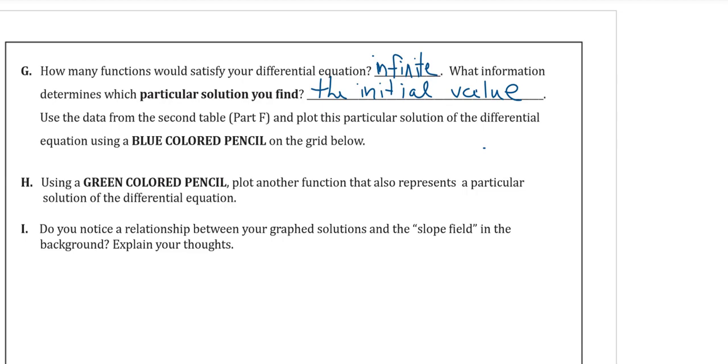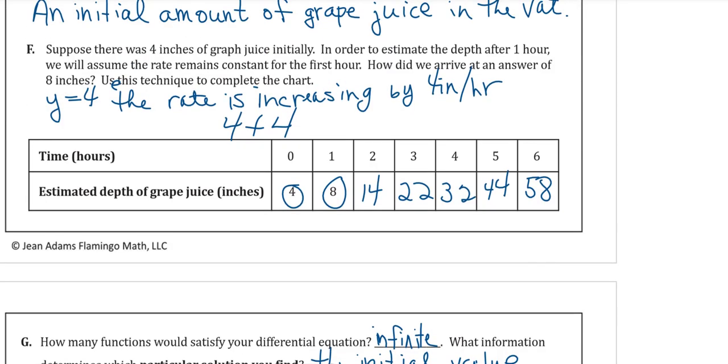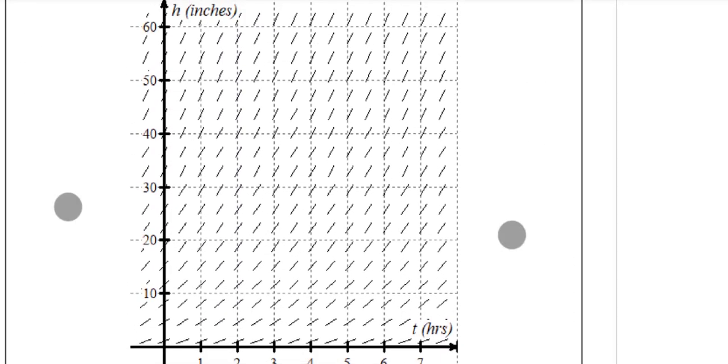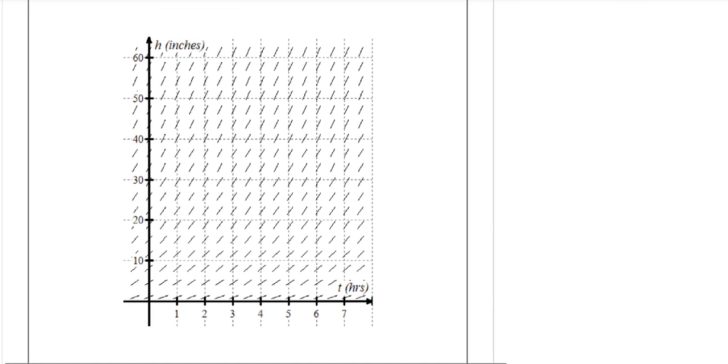Okay, use the data from the second table and plot this particular solution of the differential equation using a blue colored pencil in the grid below. So what we're going to do is use this table and plot our solution set. I'm just going to go ahead and plot it here without having the table in front of me because it's on the other page. So it is going to look like this.